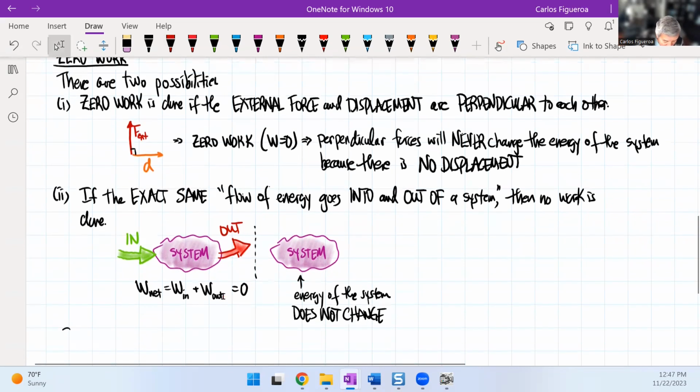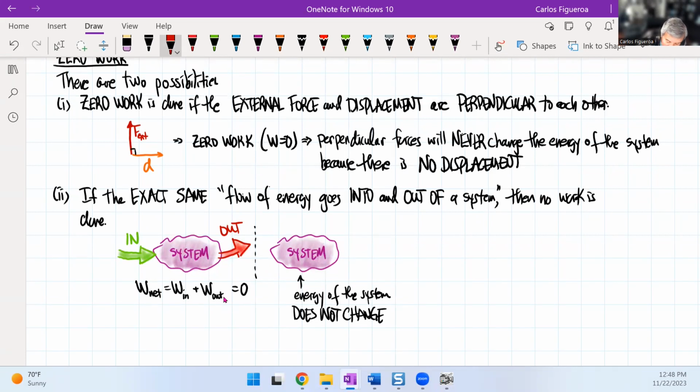But the way we typically use energy is that if there is zero work, then the exact amount of energy flowing into the system and out of the system occurs. That's the big difference right here.